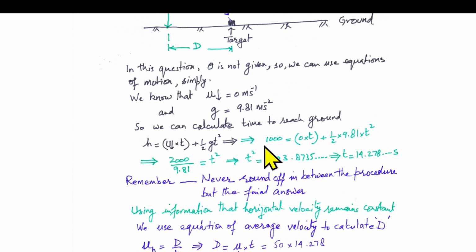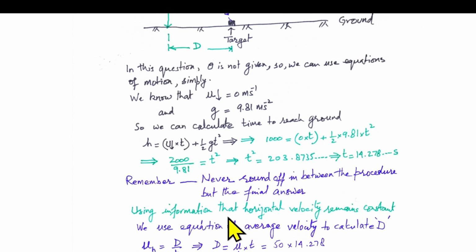Putting in the values, h 1000 meters and g 9.81, the time that is calculated is 14.3078 seconds. Remember, never round off in between the procedure of a numerical, but in the final answer you can round off and write in standard form, keeping in view the number of significant figures.